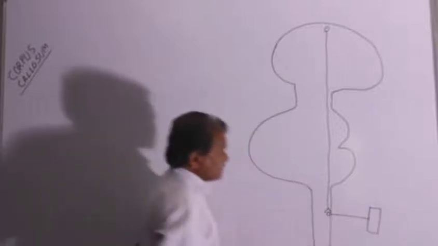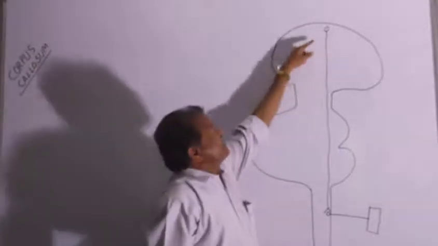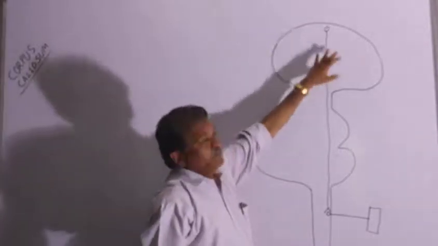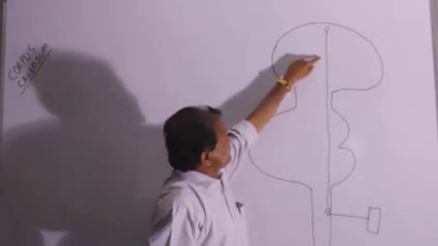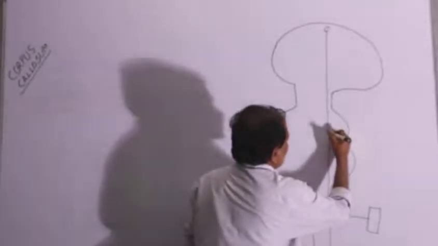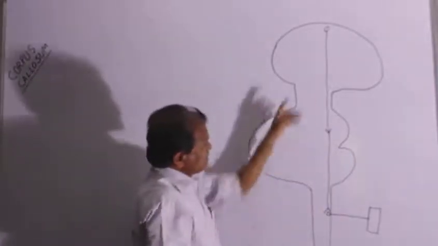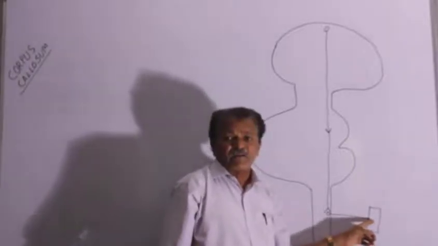Its nuclear body is situated in the brain, in the cortex, and it descends downwards. Its movement is a downward movement, and it terminates here and comes out and stimulates the skeletal muscle.